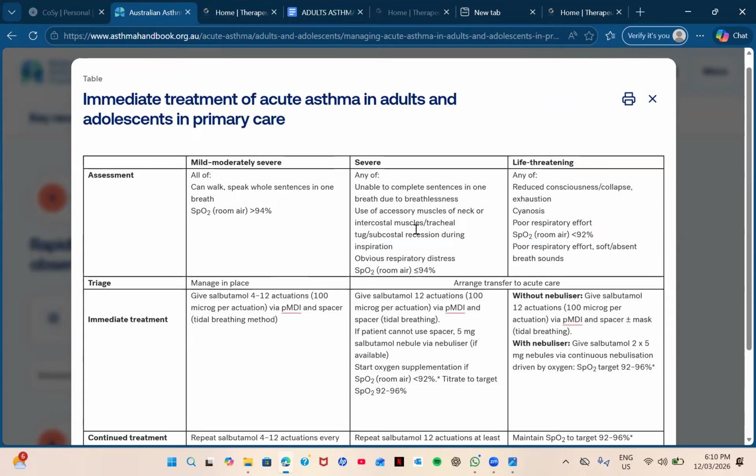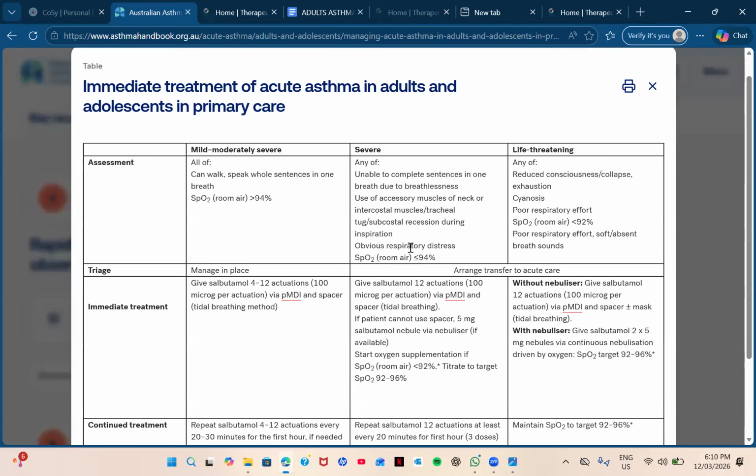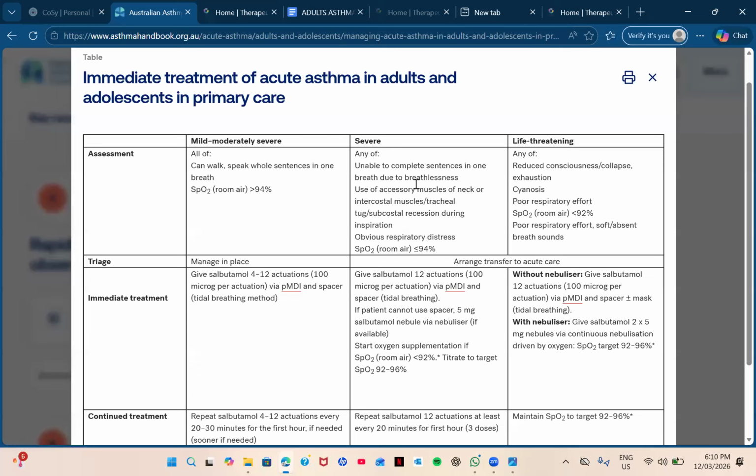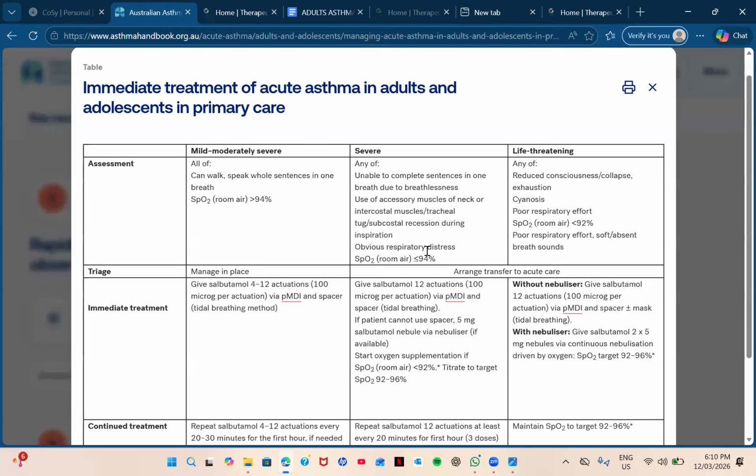So let's discuss how severe form is present, any of: unable to complete a sentence in one breath due to breathlessness, use of accessory muscles of neck or intercostal muscle, tracheal tug, subcostal recession during inspiration, obvious respiratory distress, and SpO2 less than or equal to 94%, right? Then how should you treat these patients? Anyway, you have to arrange for acute care, right?